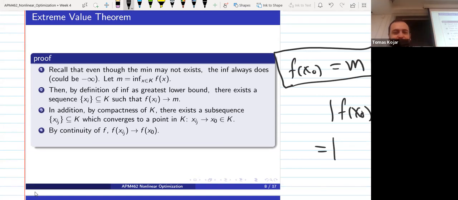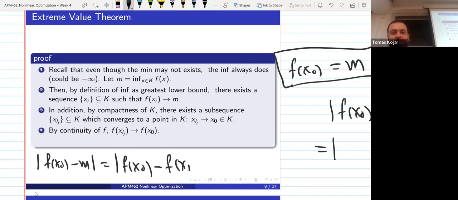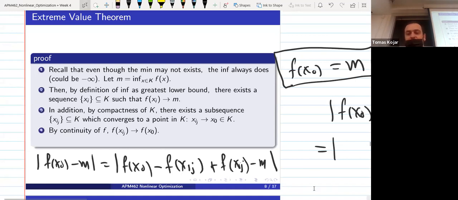Yes. So we have f of x naught minus m, and you will see this sometimes if you take more math: you subtract and add the thing you want. Then you do a trick called the triangle inequality.